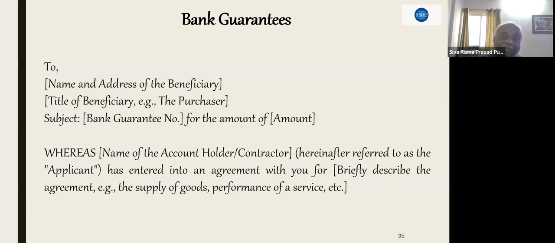Briefly describe the agreement, supply of goods, performance services, etc. In the bank guarantee, detailed information is required. Finally, it should not cause any inconvenience to the day-to-day functioning of the bank. Finally, he has to state how much amount is payable in case the applicant defaults.